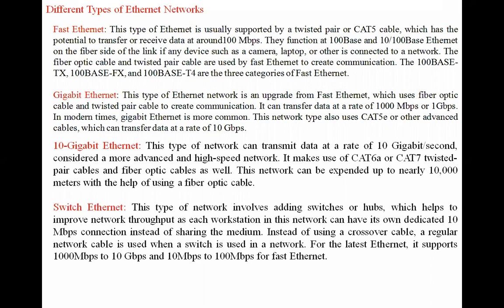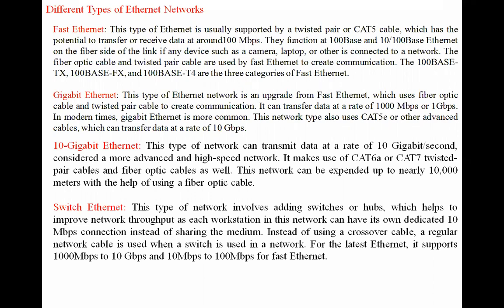That has to be used in this 10 Gigabit Ethernet. So 10 Gigabit Ethernet is nothing but we are sending the data in a fraction of a second. It is not going to take even a fraction of a second.